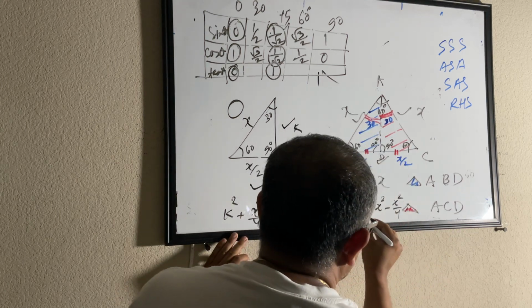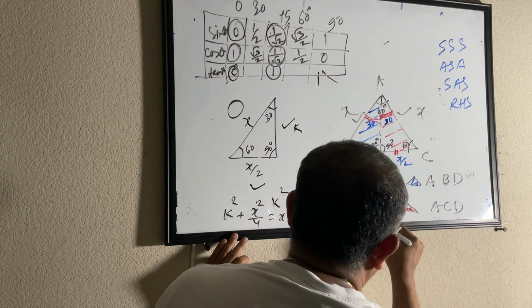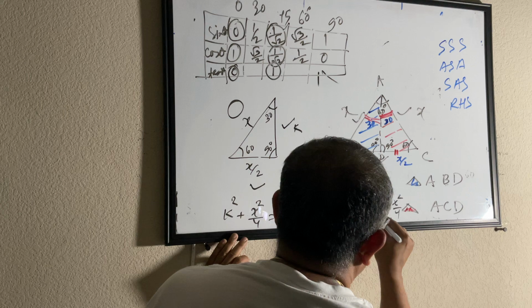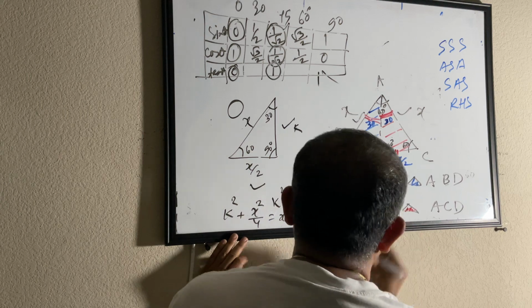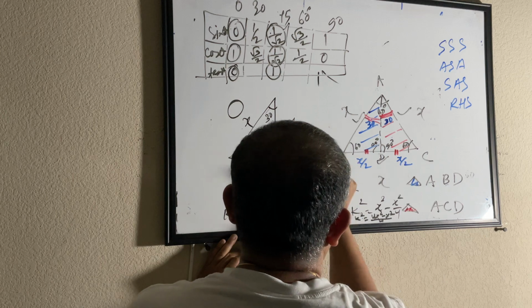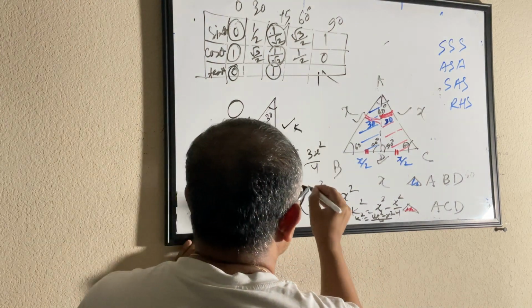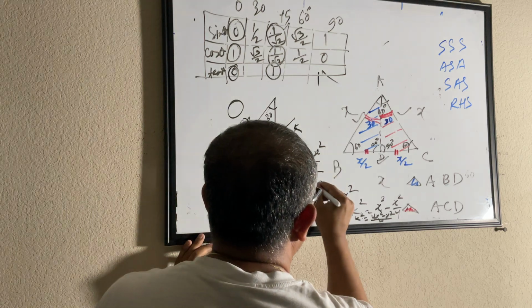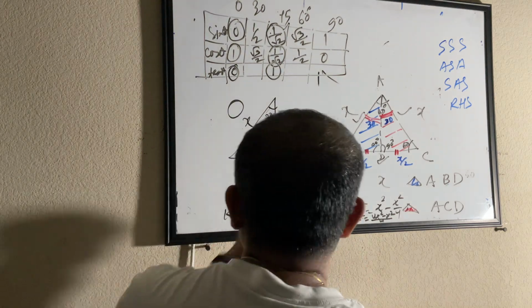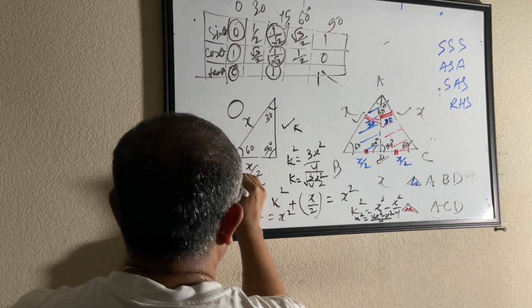Taking 4 as LCM, that is 4x square minus x square by 4. So k square is equal to 3x square by 4. That means k equals square root of 3x square by 4, which gives you k equals root 3 by 2 x.